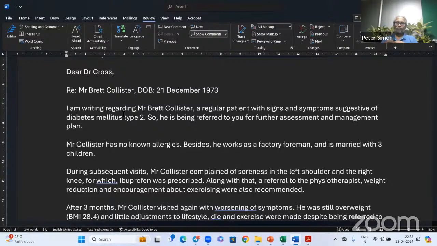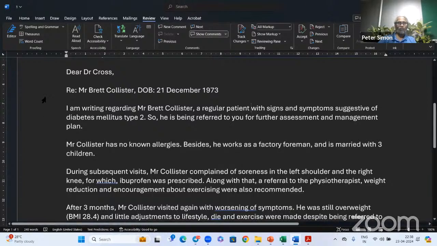Is it important to write the word patient? In many letters there may be the word patient, but it's not a very positive word, so better avoid that as far as possible.